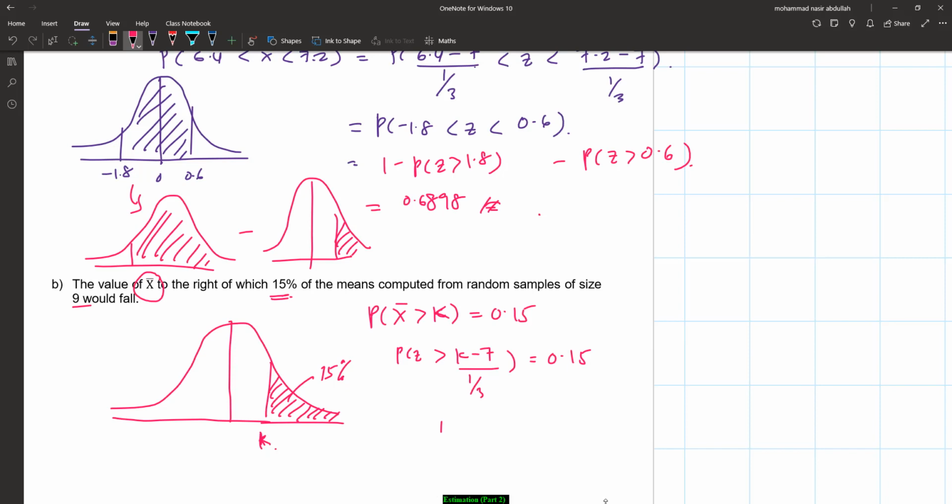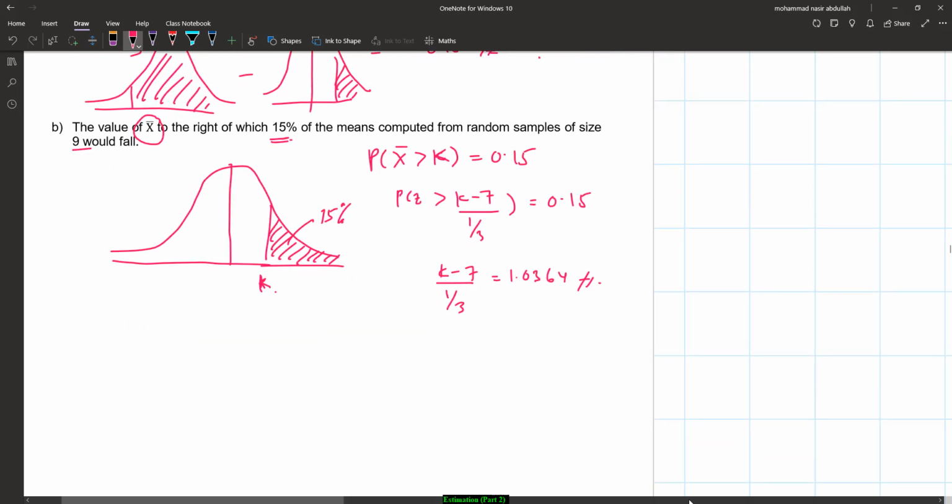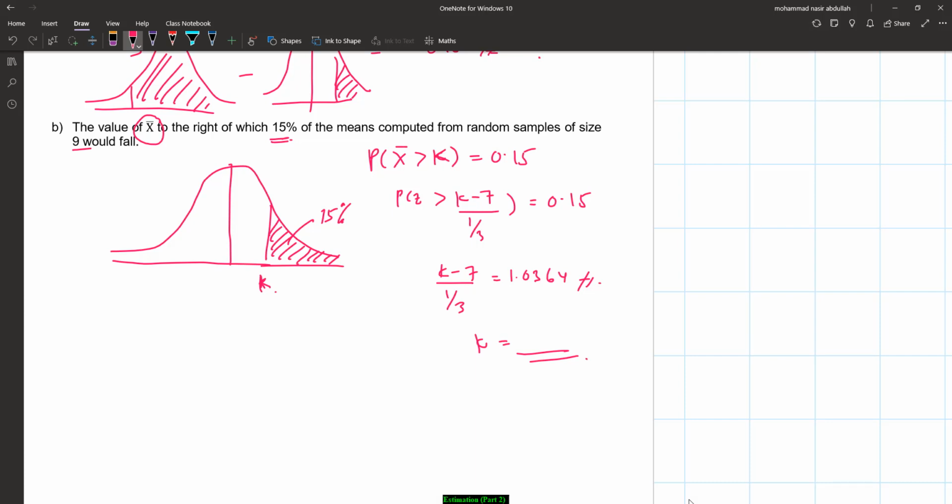So K minus 7 divided by 1 over 3 is equal to 1.0364. Now we can find the value of K, which should be the positive value.